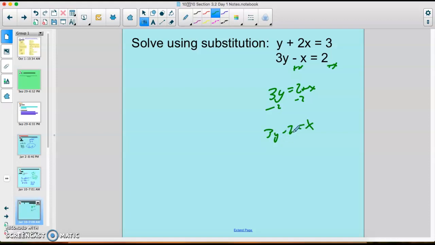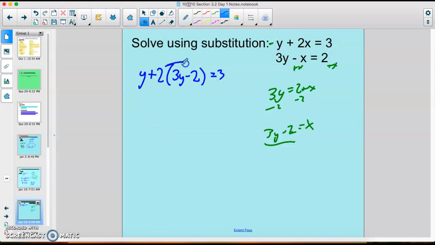Okay. Now we're taking this and we're going to plug it in every time we see x into this equation here. Okay, so we'll just keep going. Y plus 2x. Oh, I saw an x, so therefore I'm going to plug in 3y minus 2, and then equals 3.